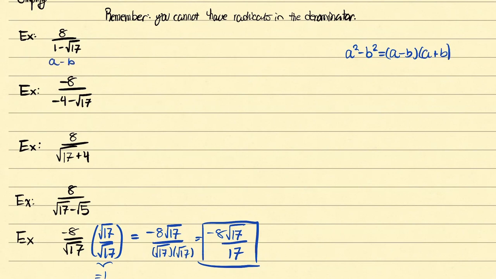It's a quantity minus another quantity. So what I want to do is multiply the denominator and the numerator by a plus b. So I get a squared minus b squared. And notice, since this is a root, once it becomes b squared, the root will go away. So that's the big advantage. So I'm going to multiply this by 1 plus root 17 over 1 plus root 17.